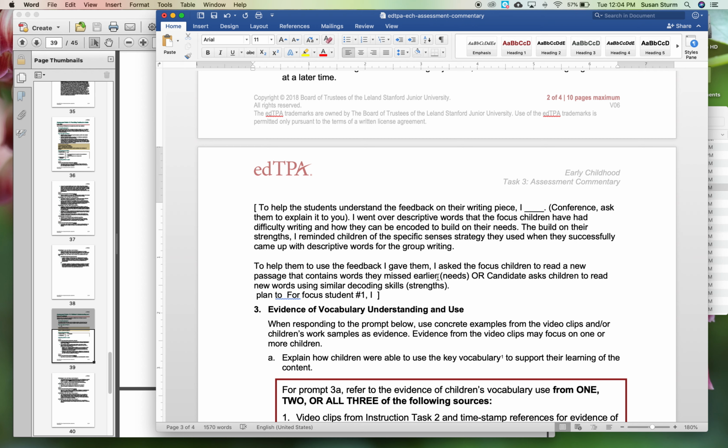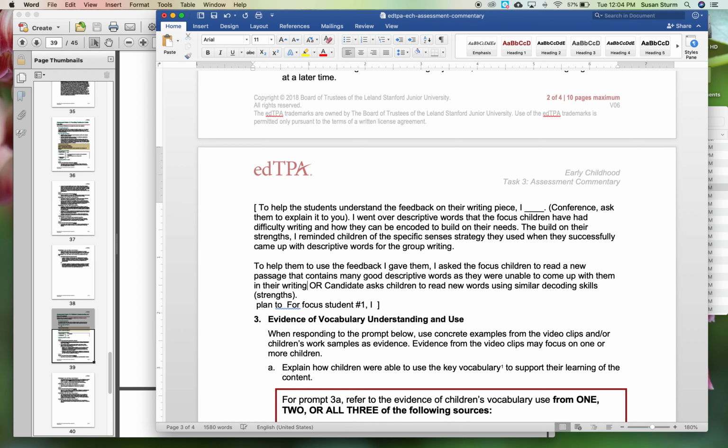So how can we build on their needs? I asked the focused children to read a new passage that contains many good descriptive words, as they were unable to come up with them in their writing pieces. And this review could help them remember the kinds of words they could use.